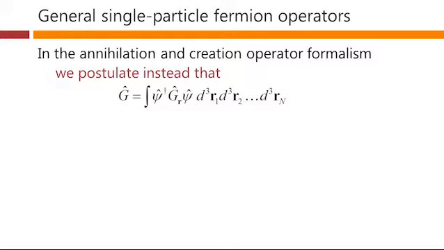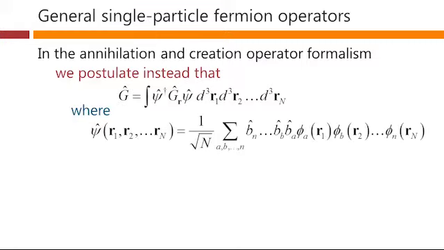But now we have the wave function operator and its Hermitian adjoint inside this integral to give us our overall operator G. The wave function operator, we remember, we defined before, for an N-particle system would take this form, where each of these a's and b's and so on corresponds to a single particle state with corresponding wave functions, as in this list here. And we're summing over all the possibilities that we could have here.